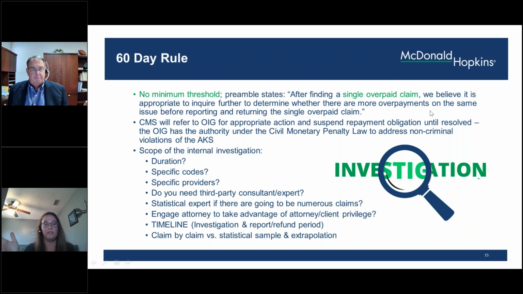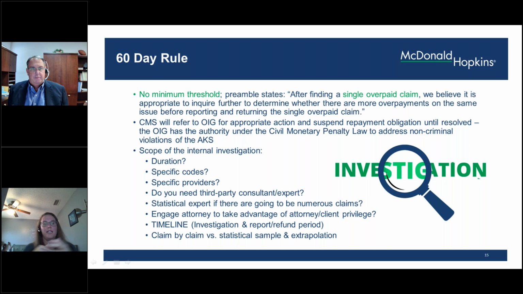It may be the right thing to do to hire an attorney at the beginning so that you can take advantage of attorney-client privilege to the extent that it's available. We often get engaged, and then we will engage the consultants. We typically recommend getting a billing consultant and a statistical extrapolation expert involved, depending on the breadth of the investigation, so that the consultant's work is also covered by attorney-client privilege to the extent that it exists.